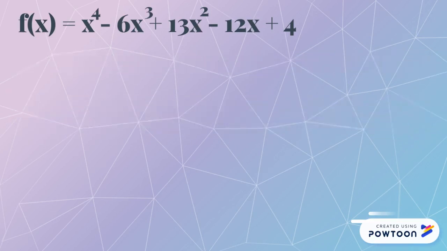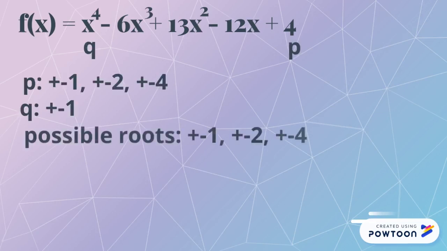Therefore, our p is 4 and our q is x⁴. Then, we find their factors. The factors of p are ±1, ±2, and ±4, while q has ±1.